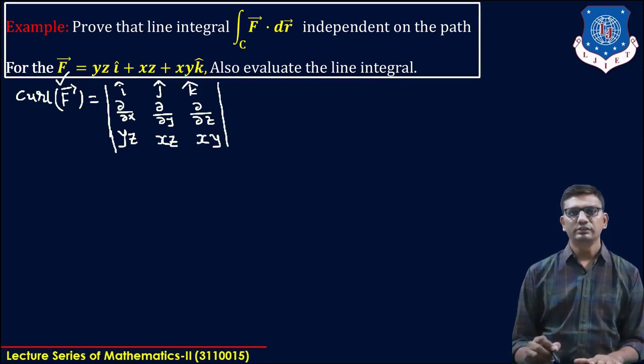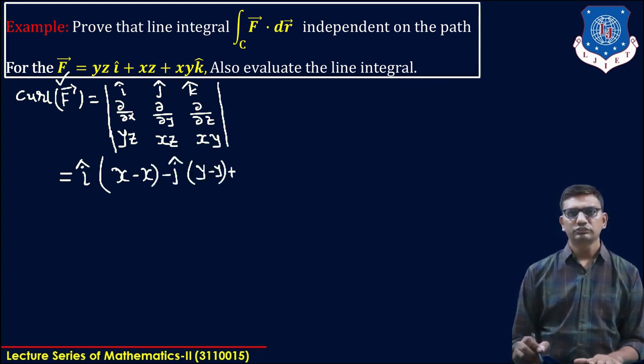Now we will evaluate this curl. So i caret into x minus x, minus j caret into y minus y, plus k caret into z minus z, which we can easily see.